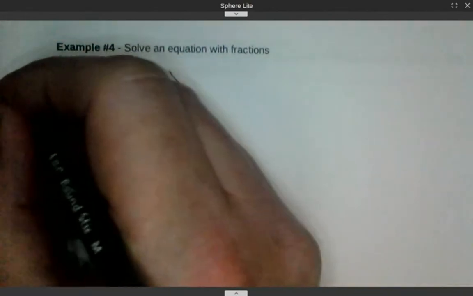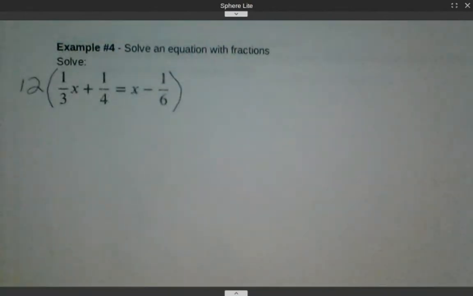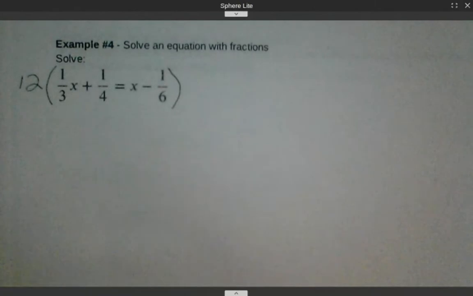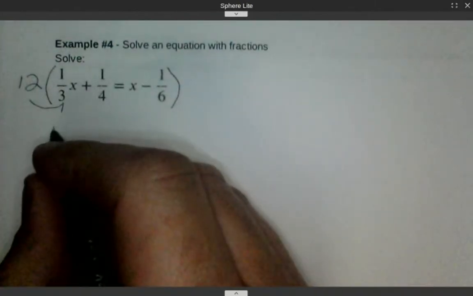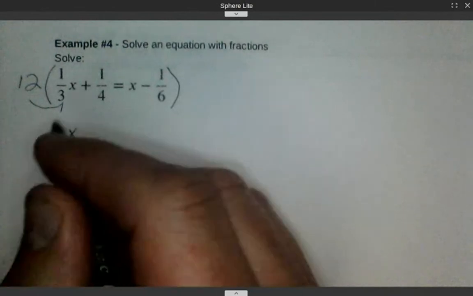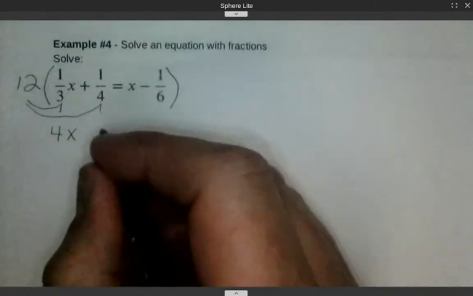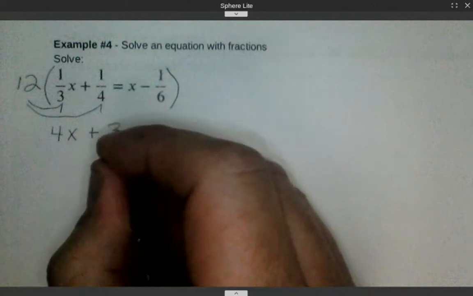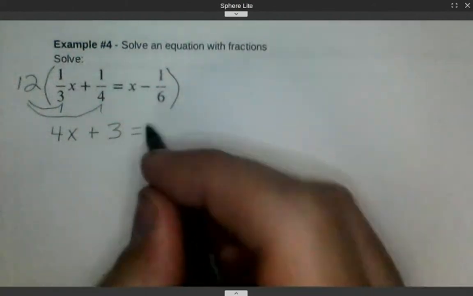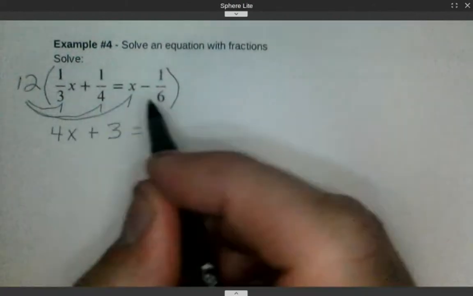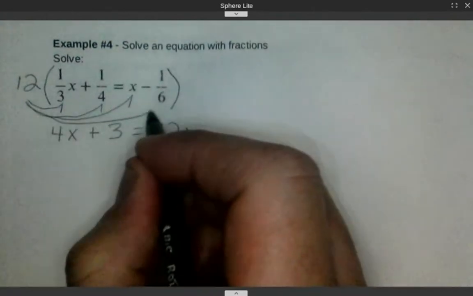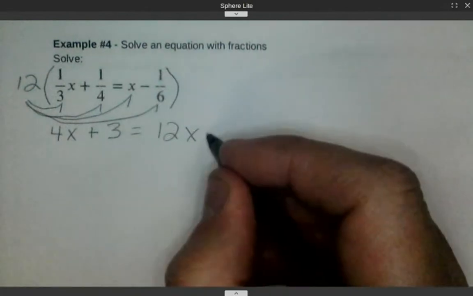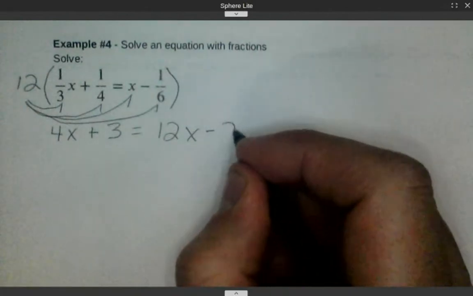So I'm going to multiply the entire problem by 12 so that I don't have any fractions. So 1/3 of 12 is 4. 1/4 of 12 is 3. 12 times x is 12x. And 1/6 of 12 is 2.